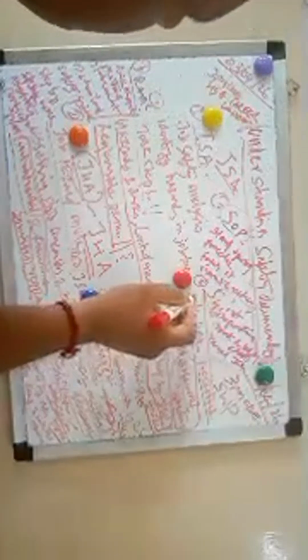So those who are growing as a safety officer, or those who are new safety officers, must know these words: what the purpose of these technical terms is and how we can use them. Here is what we have seen: JSA, job safety analysis; JHA, job hazard analysis; SWP, safe work procedure; SWMS, safe work method statement; SOP, standard operating procedures; RAMS, risk assessment method statement.